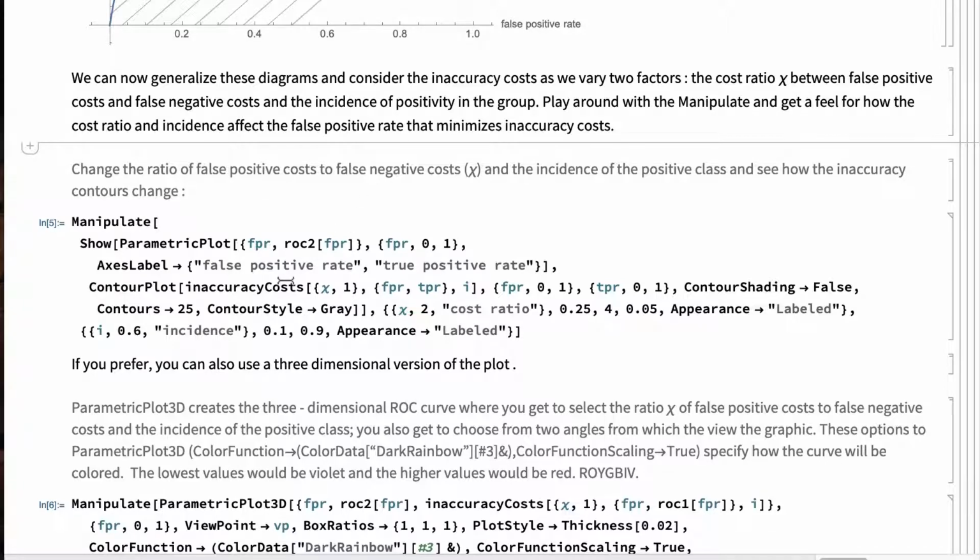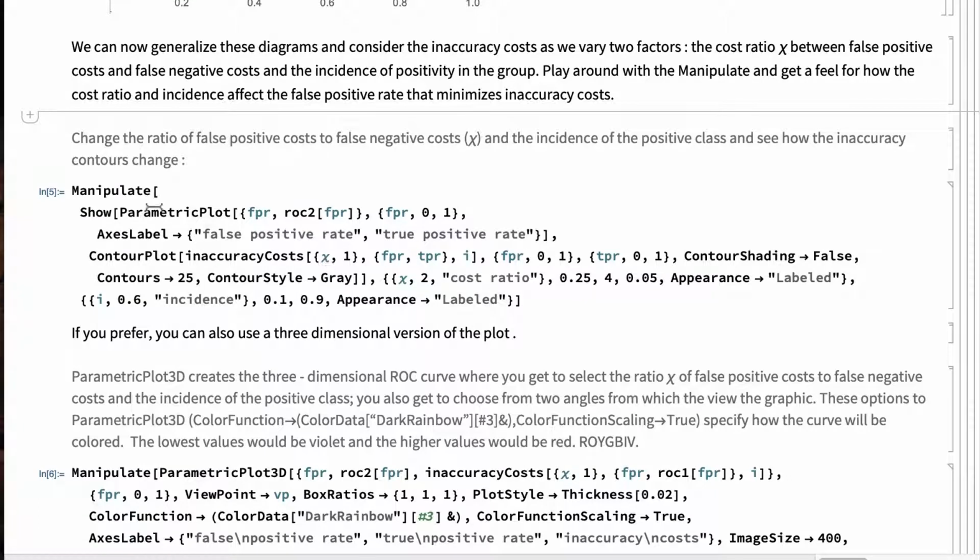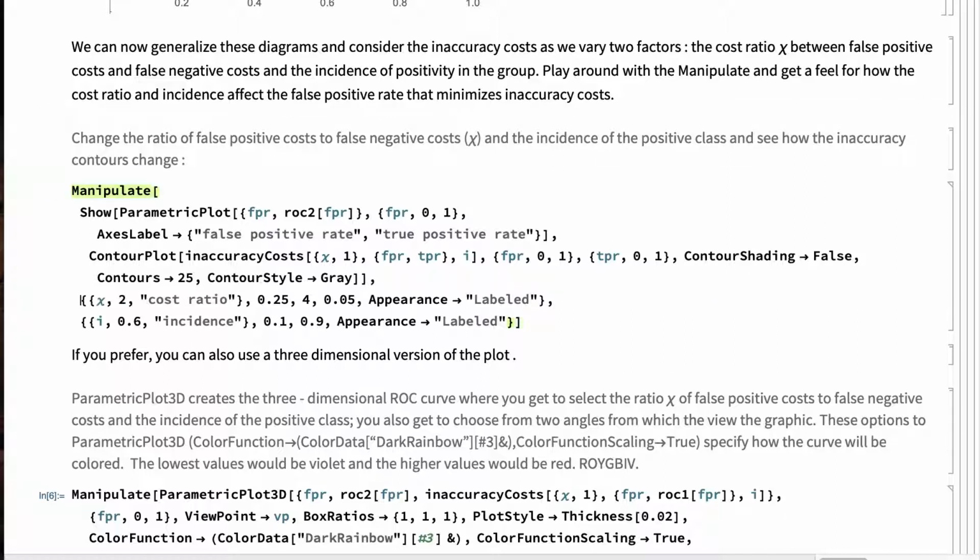Let's now look at this. Here's my manipulate, and you'll see I'm permitting myself to change the cost ratio, and I'm permitting myself to change the incidence.